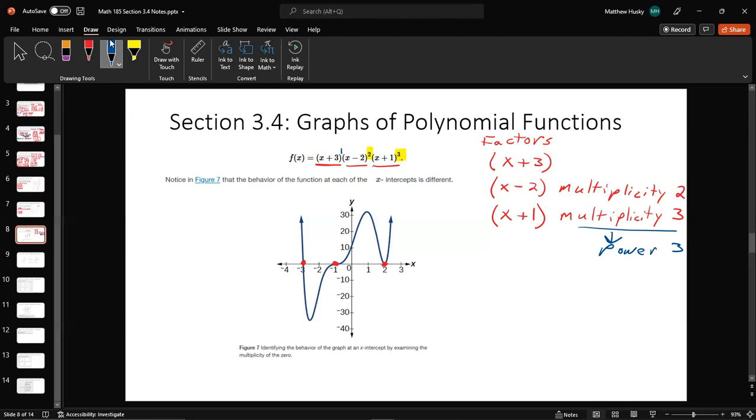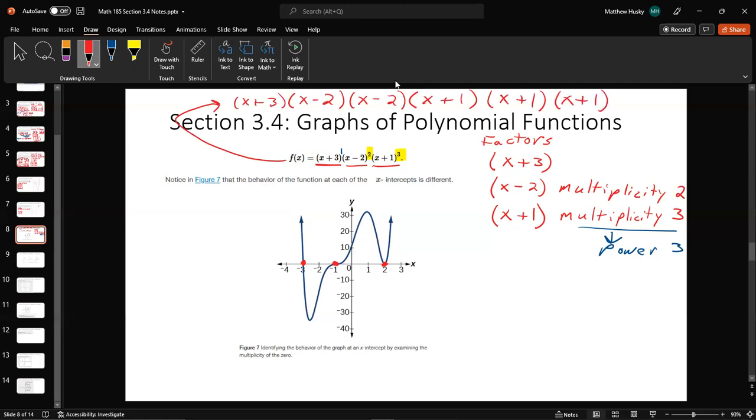If you wanted to, you could say that it has a power of 1. What this means is, x minus 2 squared means x minus 2 shows up twice. x plus 1 to the third means that if you wrote them individually, it's x plus 1 times x plus 1 times x plus 1.